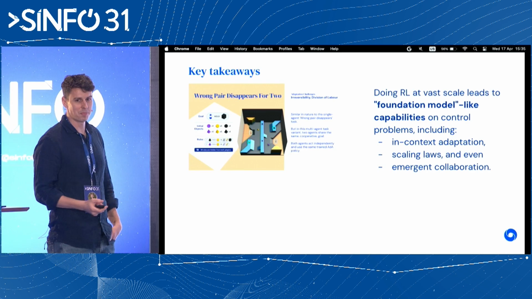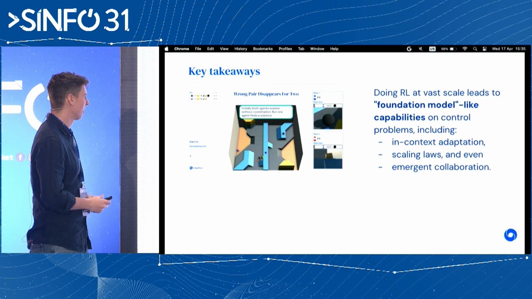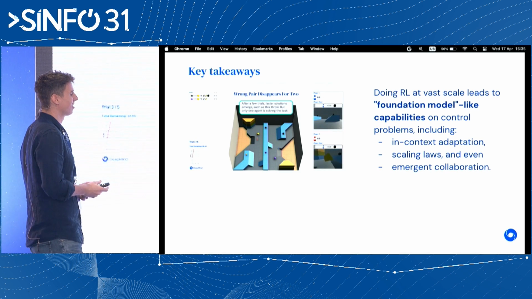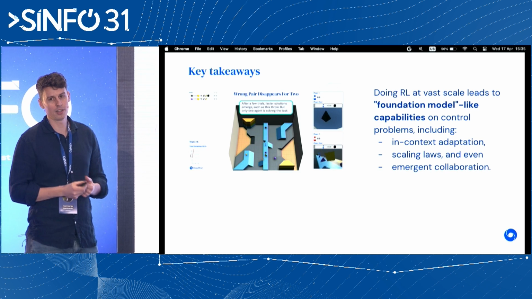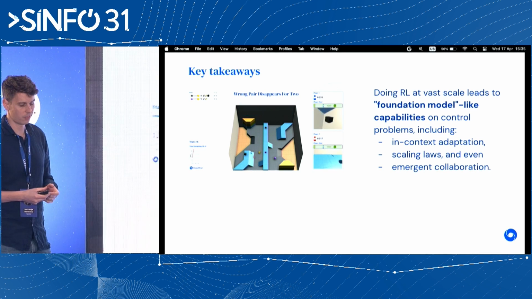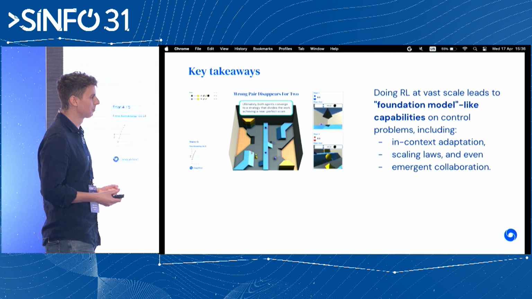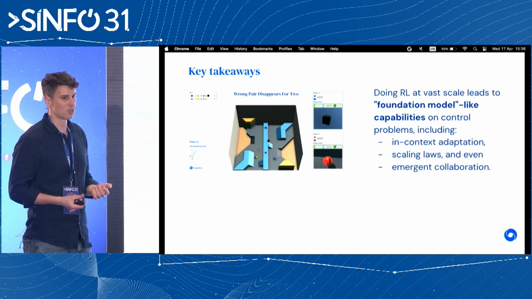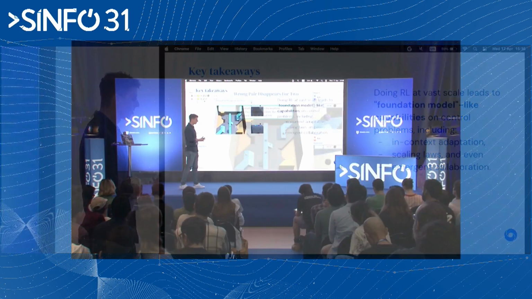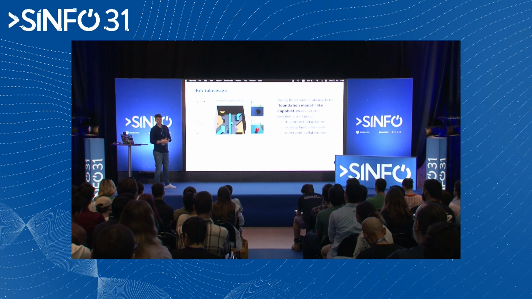And to sum up, of course, I know this is a lot to take in, but I'm free if you want to chat later. So basically what we learned from this, the key takeaways, is that if we train RL agents at large scale, which means on a very large number of tasks, we get something like a foundation model which exhibits certain capabilities on control problems, such as in-context adaptation, scaling laws, and even the emergent collaboration which happened in the multi-agent situation.